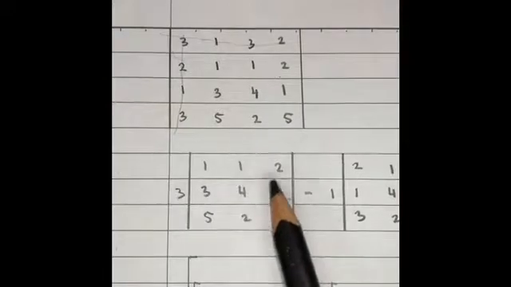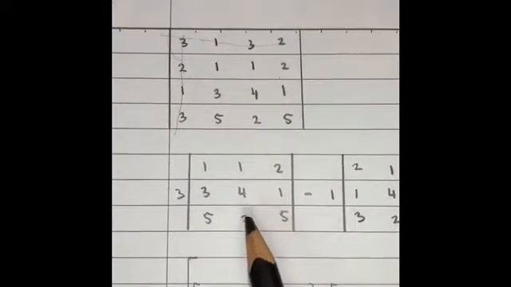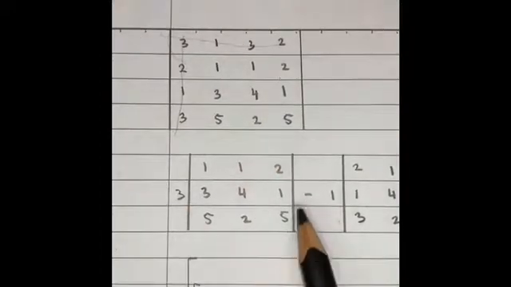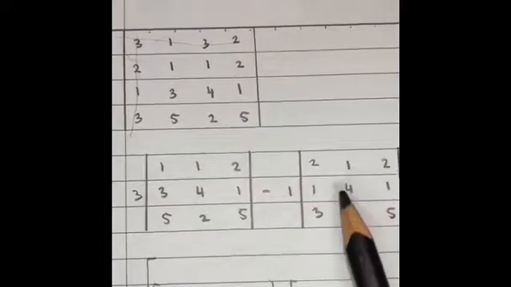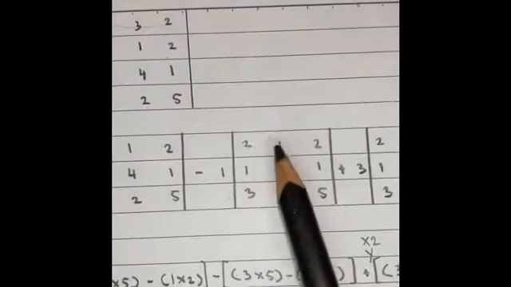So in this case, we have to alternate positive and negative terms. So for example, my first term here is a positive term, and then followed by negative, positive, and then followed by the last negative term. So for the second term, I still use the first row, but in this case the second column.